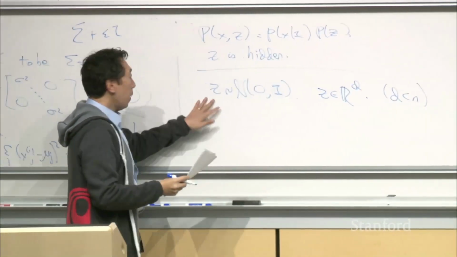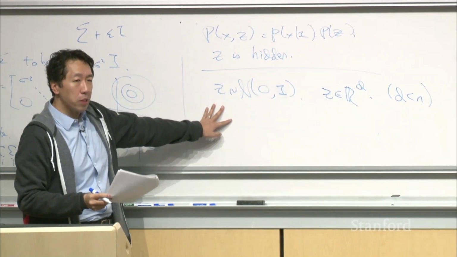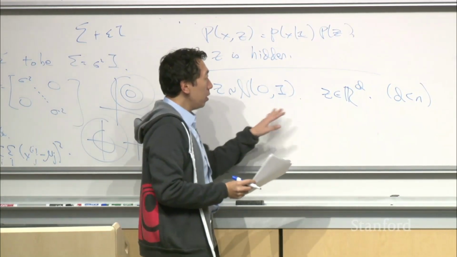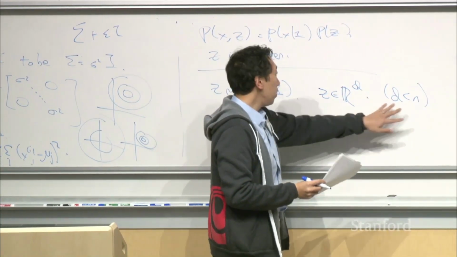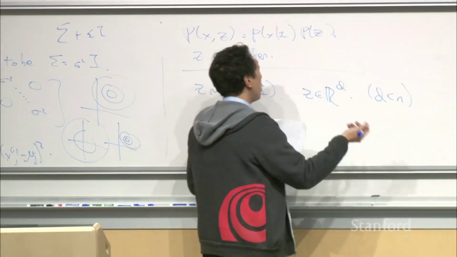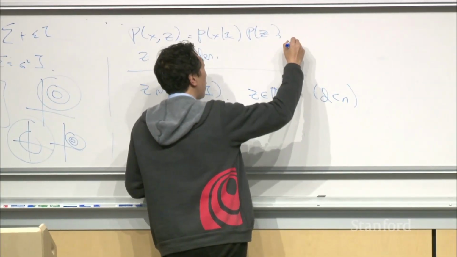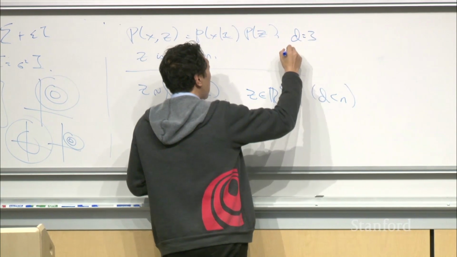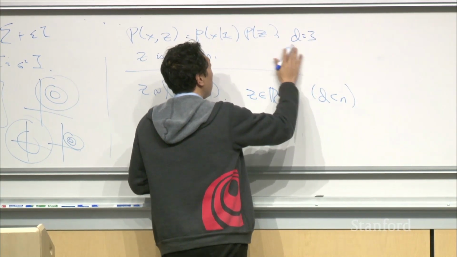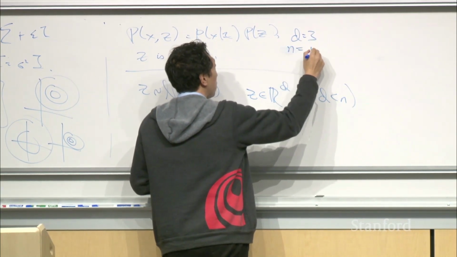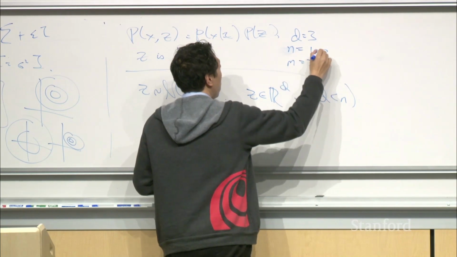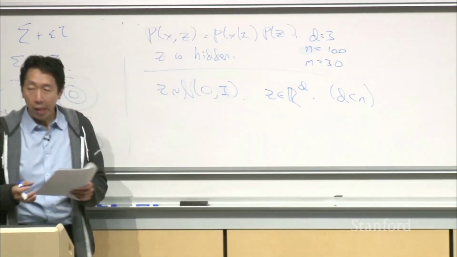First, z will be drawn from a Gaussian density, where z is in R^d, where d is less than n. To think about it concretely, maybe think of d equals 3, n equals 100, m equals 30.